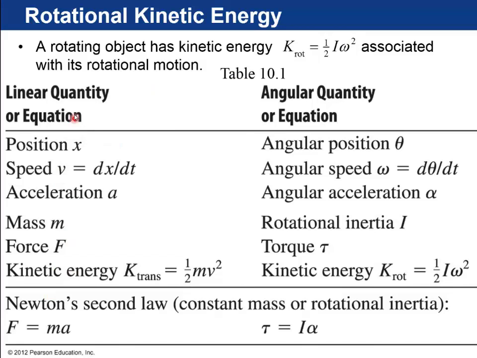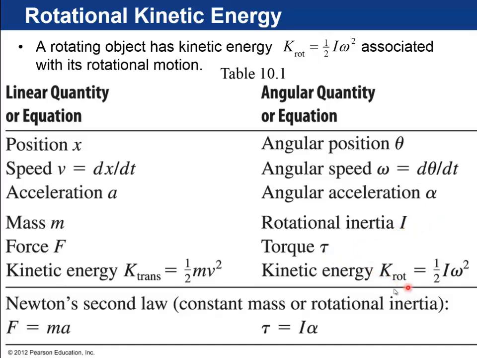This lists a whole lot of linear equations from previously in the textbook, and now the new angular quantities or equations. Theta is angular position, omega is the angular velocity or angular speed, angular acceleration is alpha, rotational inertia is I, torque is tau.